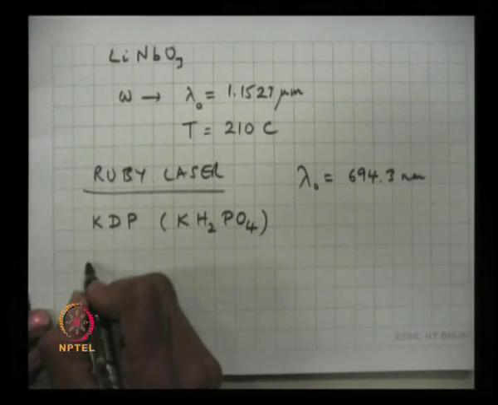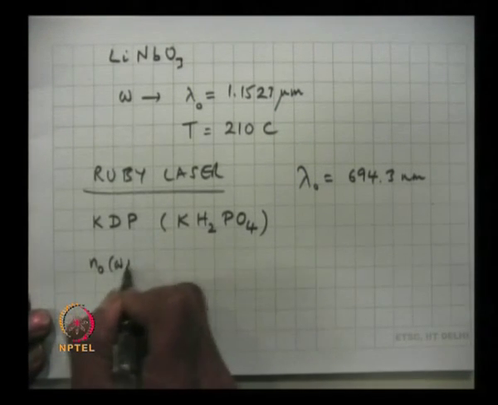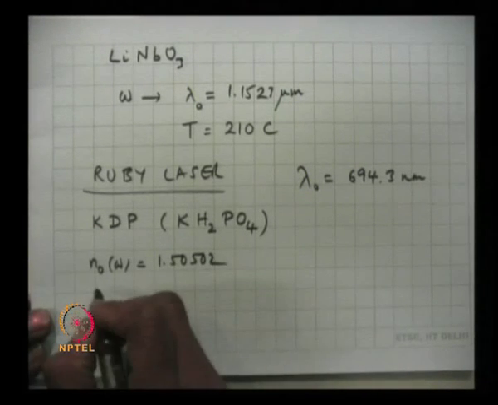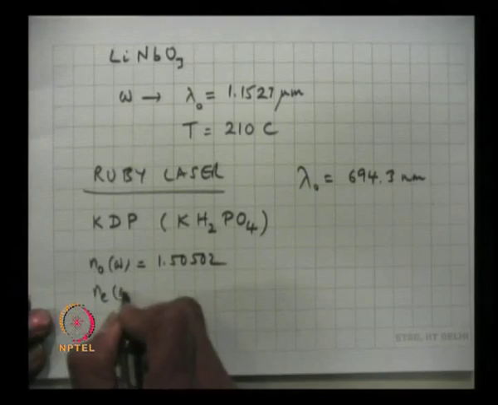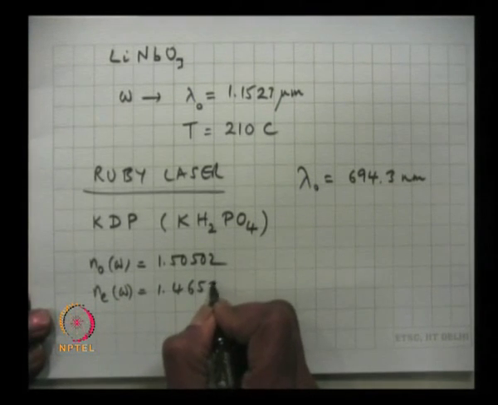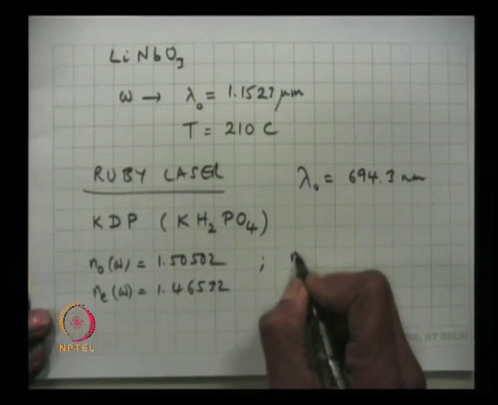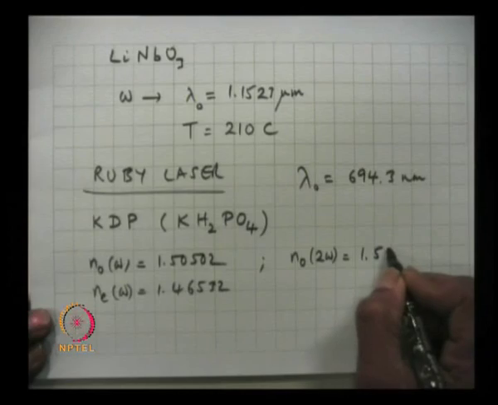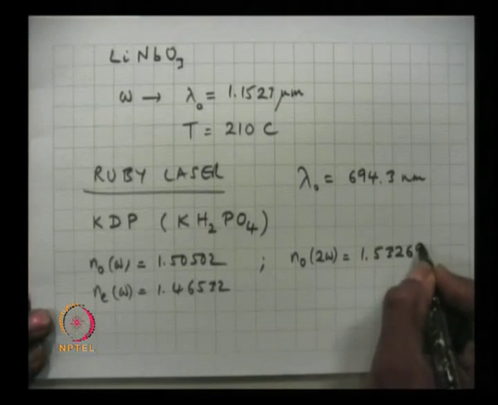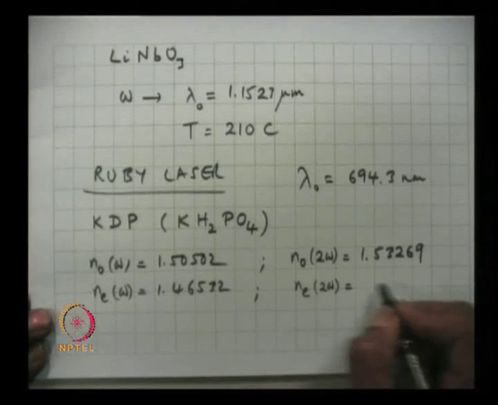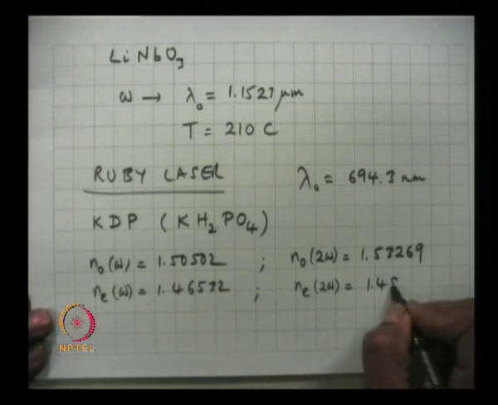So, let me give you the numbers. Corresponding to this wavelength, NO of omega is equal to 1.50502, NE of omega is equal to 1.46532, NO of 2 omega is equal to 1.53269, and NE of 2 omega is equal to 1.48711.